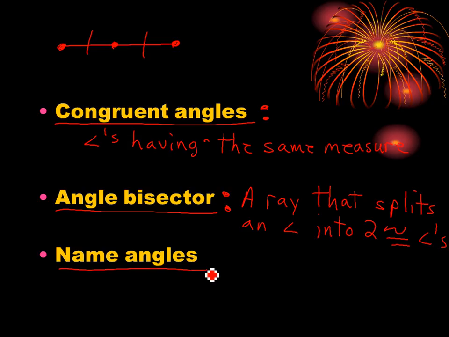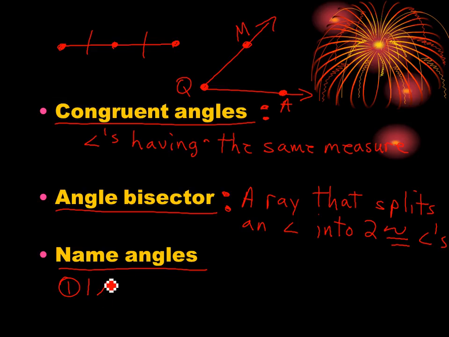All right, naming an angle. I'm going to draw an angle up here. It might be helpful if you drew it. Q, M, A, it doesn't matter what the letters are. There are three different ways to name angles. The first way is with one letter.